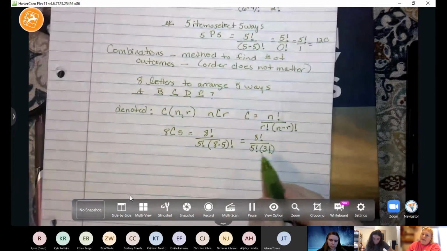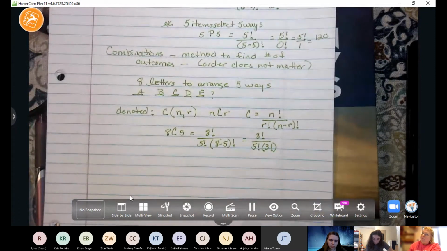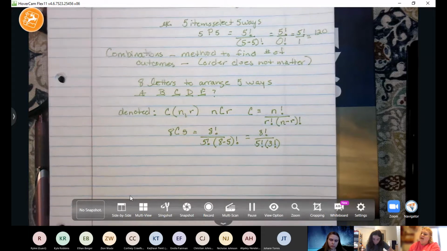So you have to calculate each factorial separately and then multiply the 2 answers together. So 5 times 4 times 3 times 2, get that answer. 3 times 2 times 1, get that answer. And then take the 2 answers and multiply together. So be careful about that.